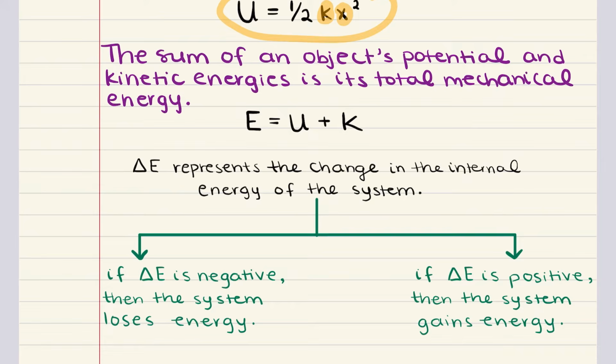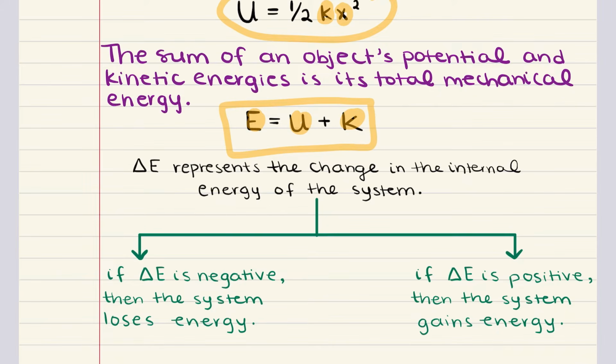Total mechanical energy is defined as the sum of an object's potential energy and its kinetic energy. And this relationship is captured by this equation right here, E equals U plus K, where E represents the total mechanical energy, U represents the potential energy, and K represents the kinetic energy.